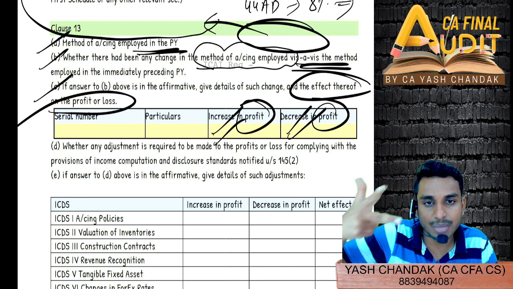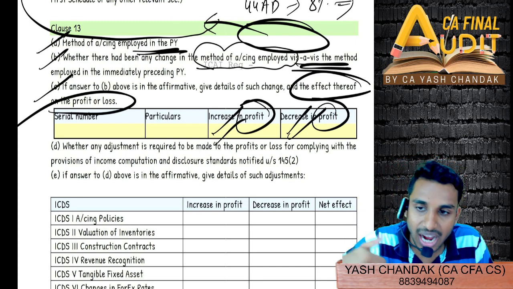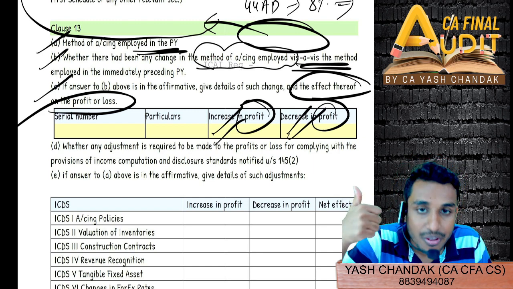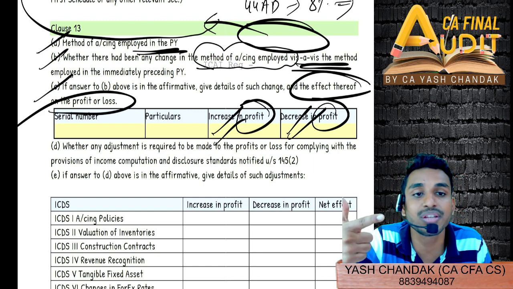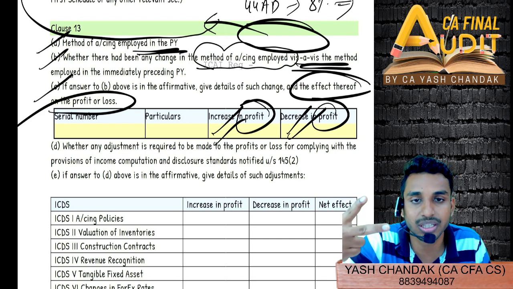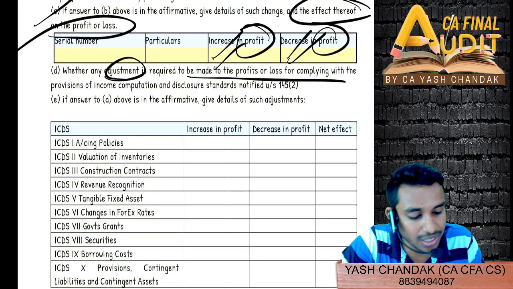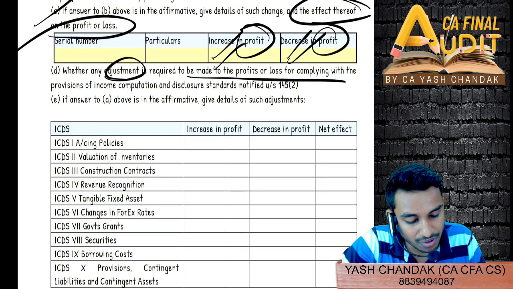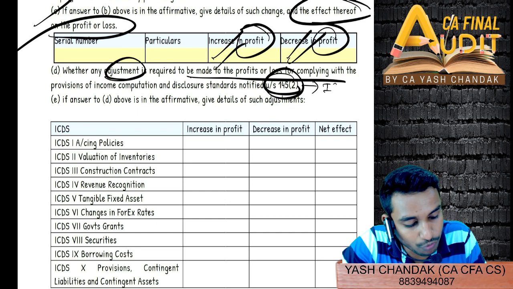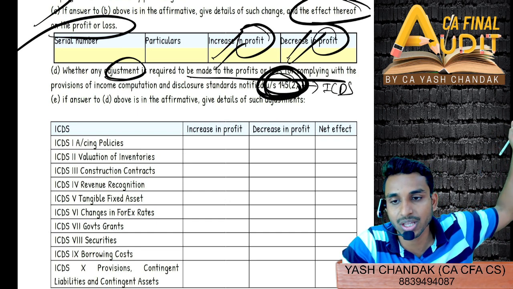Similarly 13D, E, F, I told you earlier, ICDS. Whether ICDS is applicable, whether there is any change due to ICDS applicability, and the effect of such change or disclosure requirement. 13D, E, F. See here, whether there is any adjustment required to be made under section 145 subsection 2. Do you remember section 145 subsection 2? Just now we did ICDS, right?